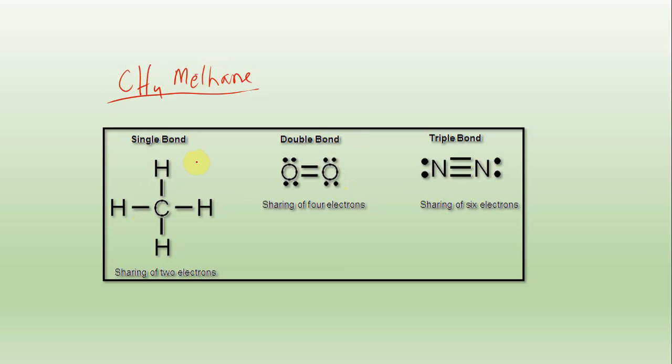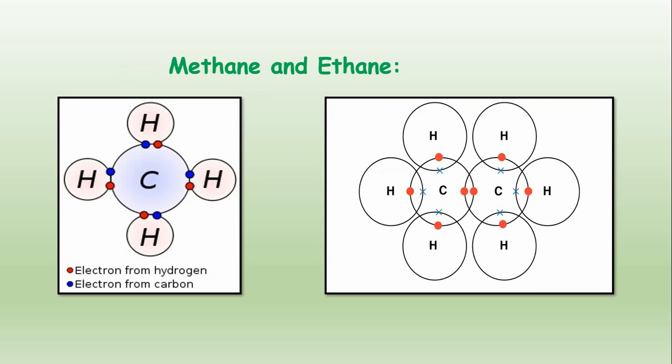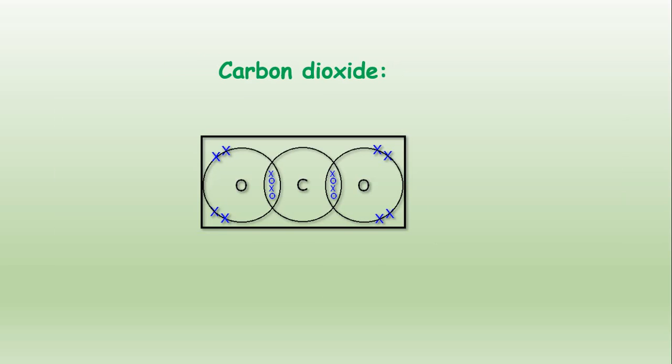These are the examples of single, double, and triple covalent bonds. Methane, CH4, has single covalent bonds, and ethane is also an example of single covalent bonds. CO2 is an example of a double covalent bond, and in this way we can draw it. There is a sharing of 2 electrons.